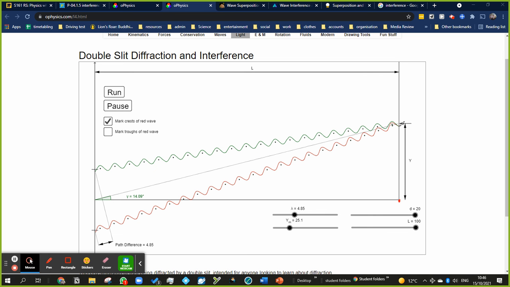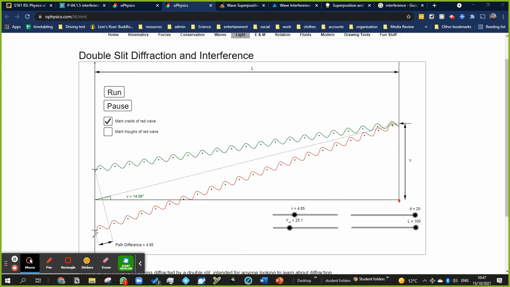You can see up here that the green would not have to travel quite as far as the red, but it's also the next place that they're constructively interfering. The bits in between this point and that point weren't constructively interfering, so the path difference must have been less than a wavelength.